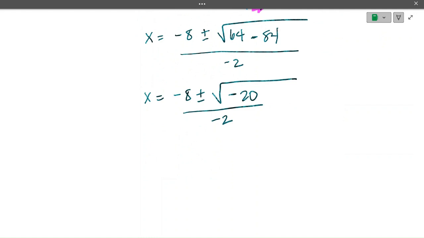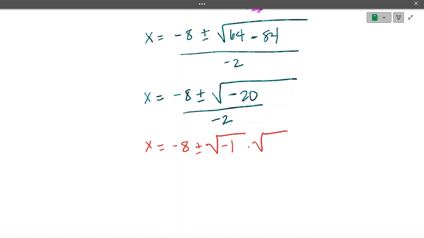So I'm going to go ahead and get us set up to pull out our complex root here, or a complex number. So I like to always pull out, when I have the square root of -20, the square root of -1 first. So that's where the negative goes. And then I'm going to pull out if there's a perfect square in here.